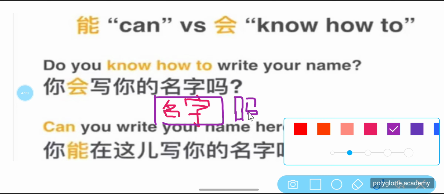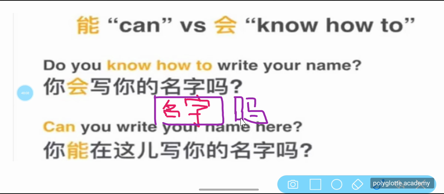We have this character ma, which is a question particle. So we said it's a question particle. So let's see how we can write ma as a question particle.